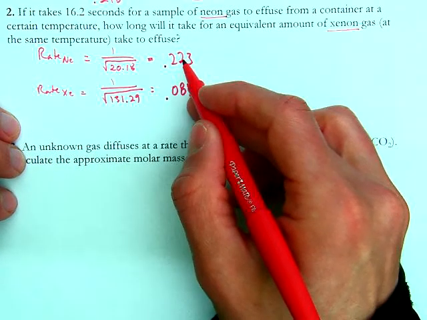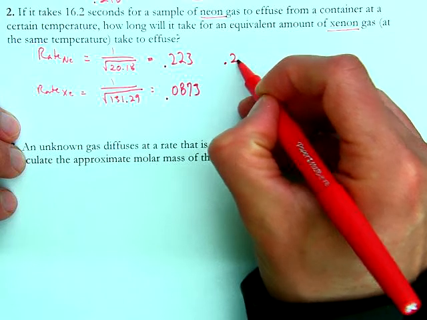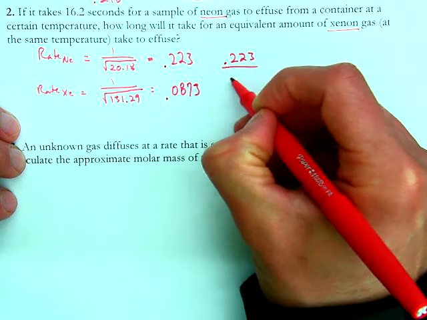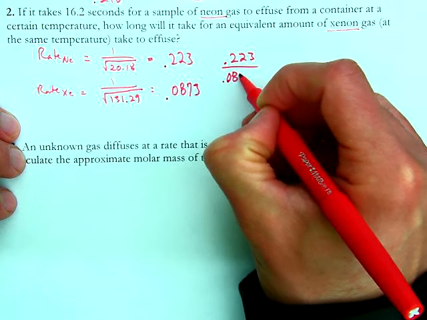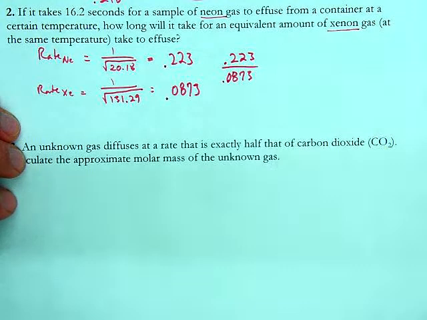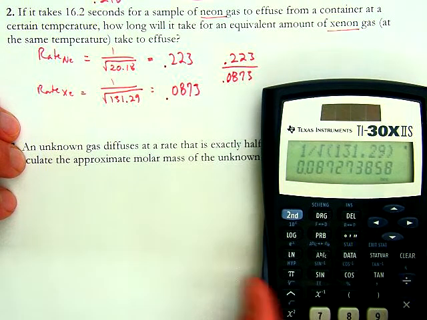So if we take the rate of neon and divide it by the rate of xenon, okay, so 0.223 divided by 0.0873, that's going to tell us how many times faster the neon diffuses or effuses.